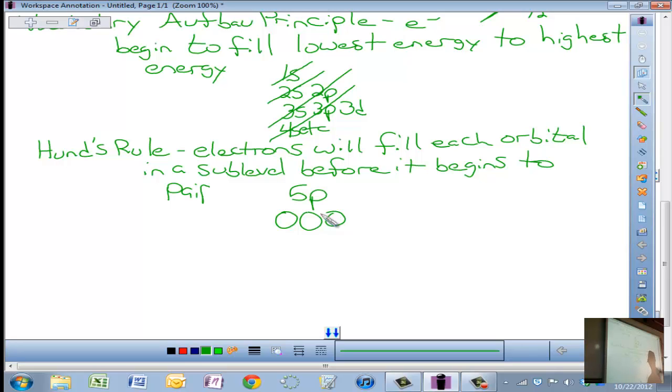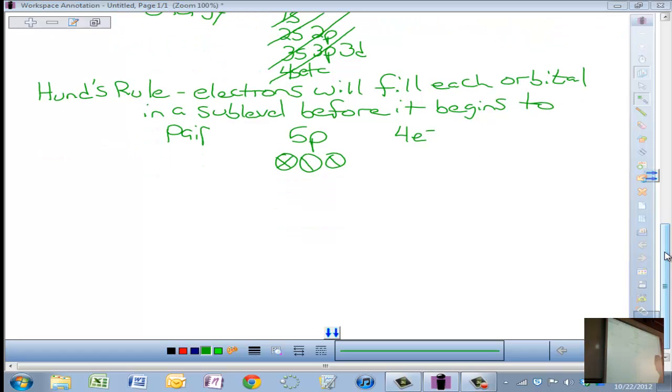So what I'm saying is, if I had 4 electrons that needed to be placed, those electrons will go 1, 2, 3. So I filled each orbital first. Now I put my 4th electron back in. So electrons will fill each orbital in a sublevel before it begins to pair up.